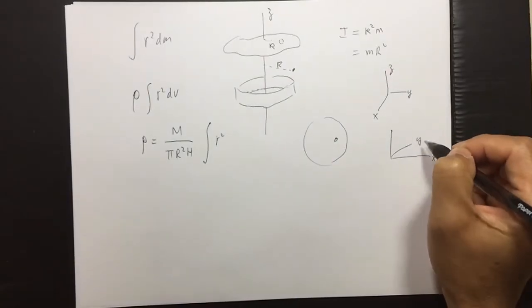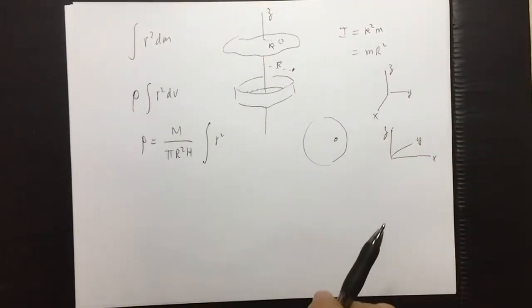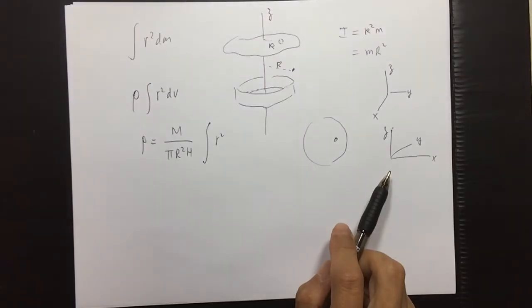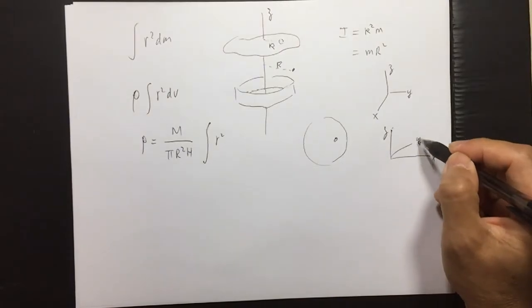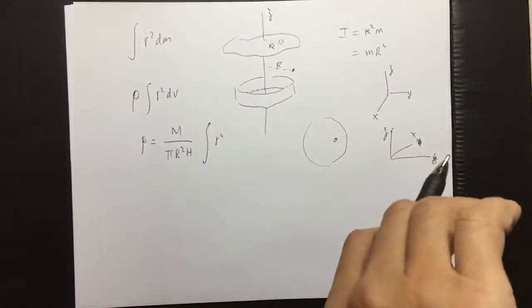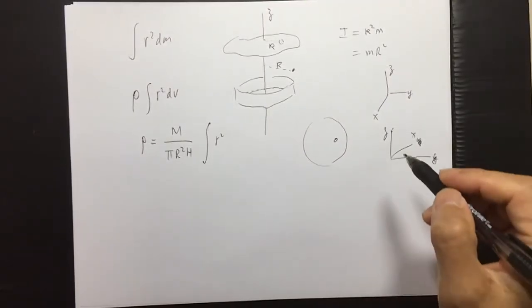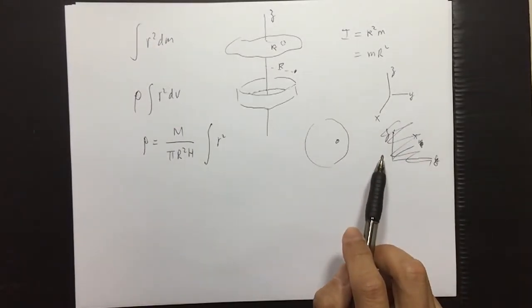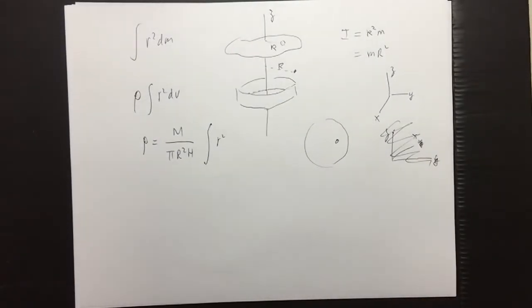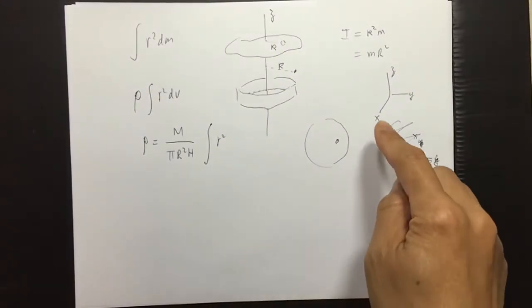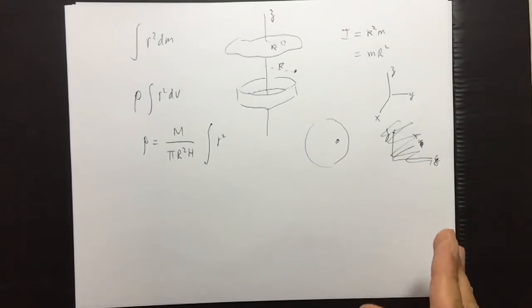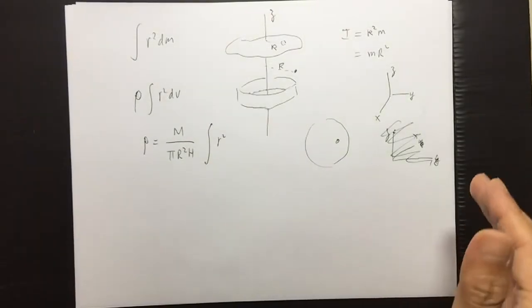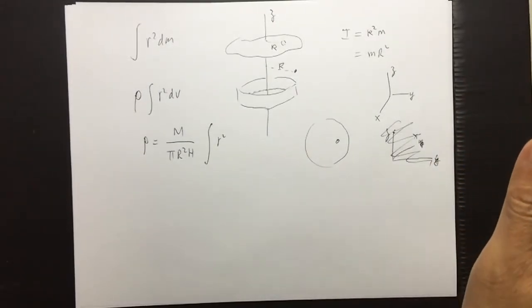If this is y, this is x, z goes down. The way you decide this: your four fingers go from x to y, and that's where your thumb, z, points.